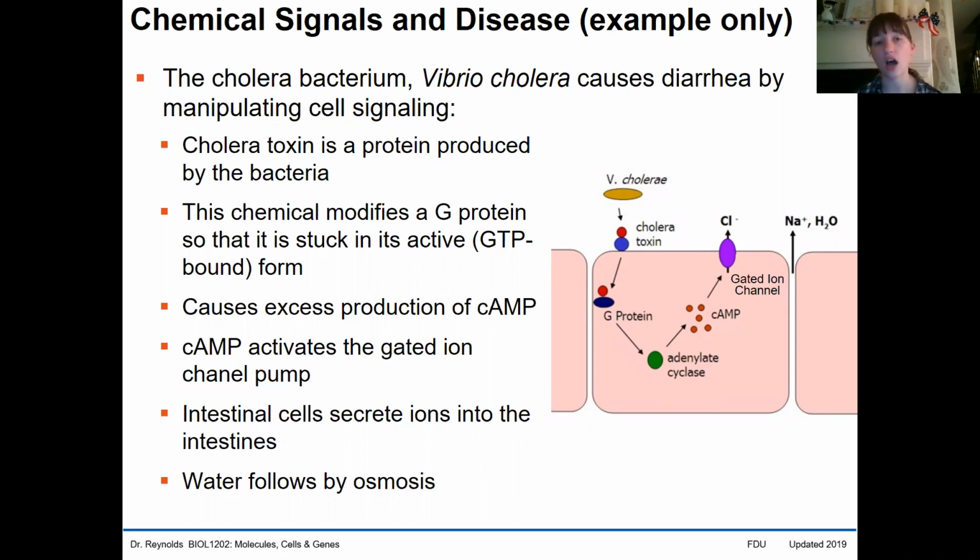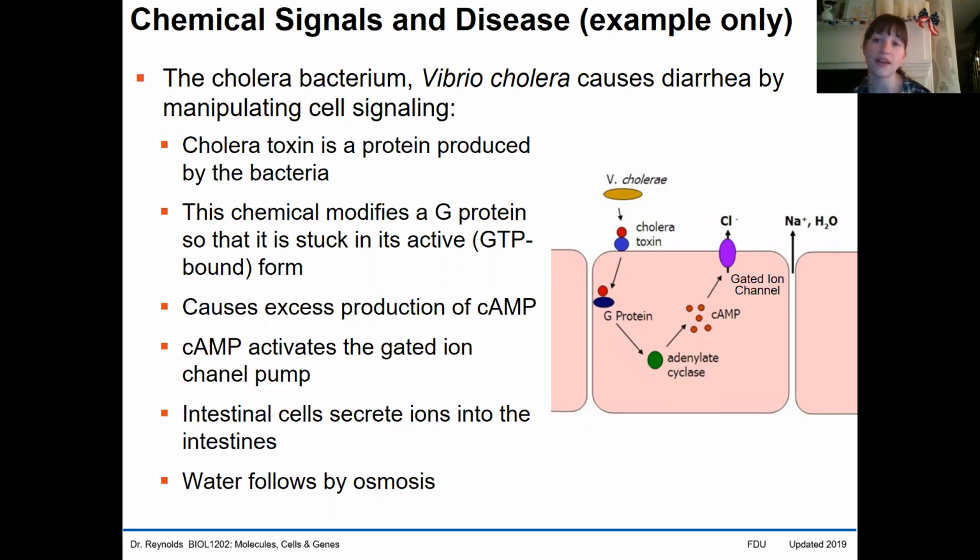The cholera toxin binds to a G protein and modifies it so that that G protein gets stuck in the active conformation, meaning that GTP is bound to that G protein. Since that G protein activates adenylyl cyclase, it causes an excessive production of cyclic AMP, activating the gated ion channel, and so we're going to be pumping chloride ions out of the cell.